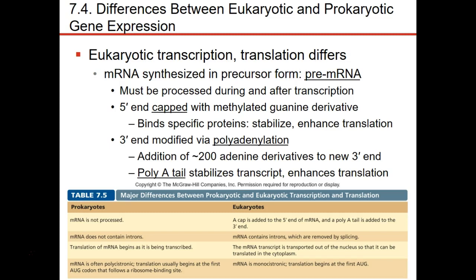Then we're going to add a guanine cap and a poly A tail. This is going to protect the messenger RNA, and it's also going to allow translation to work a little bit more effectively. The poly A tail protects the messenger RNA from being broken down.